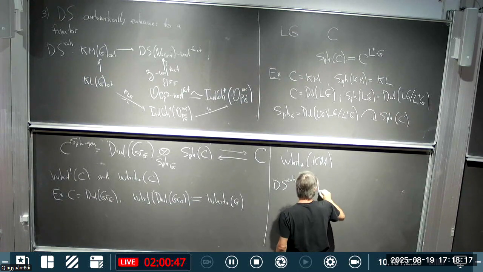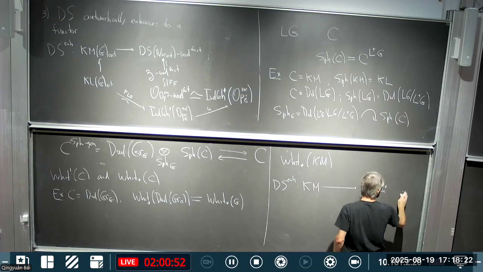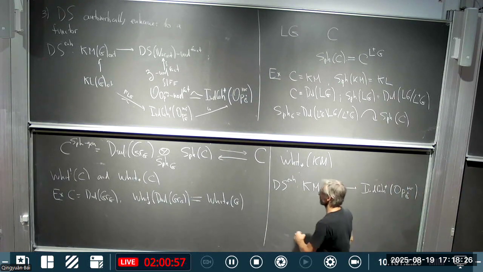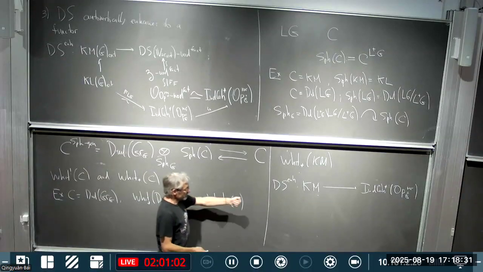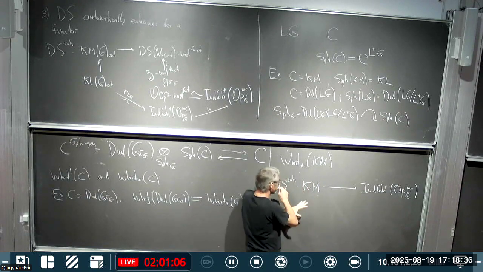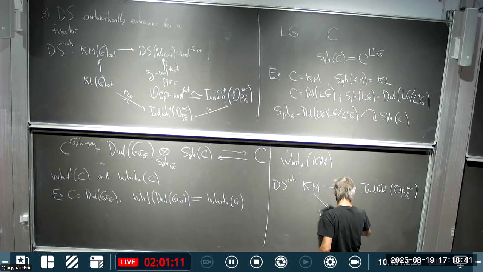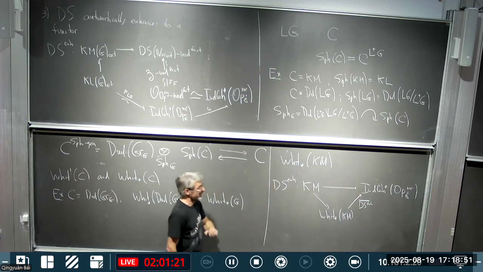By its construction, this functor intertwines the action of loops of N against the character with the trivial action here. So this functor factors through the canonical projection. Let me denote this functor by DS enhanced bar. Bar stands for passing to the quotient.